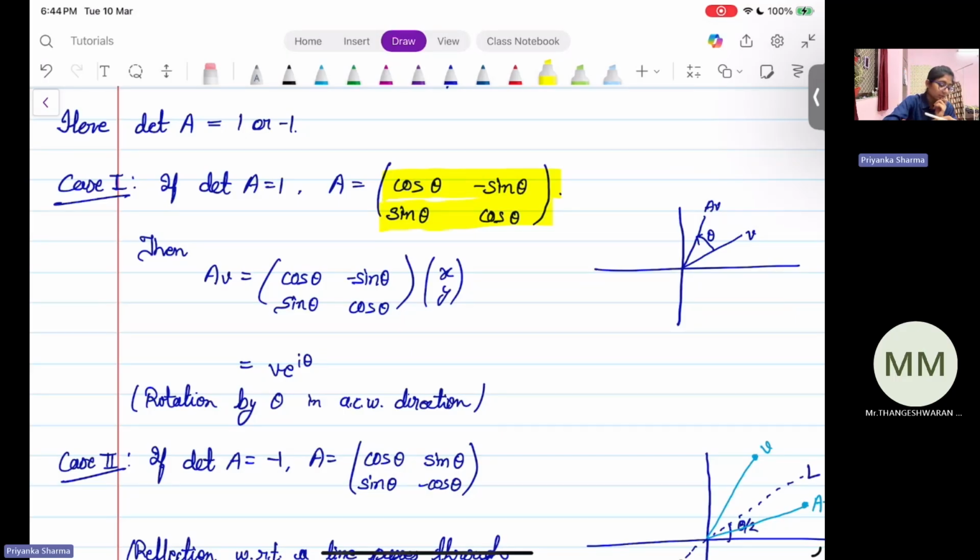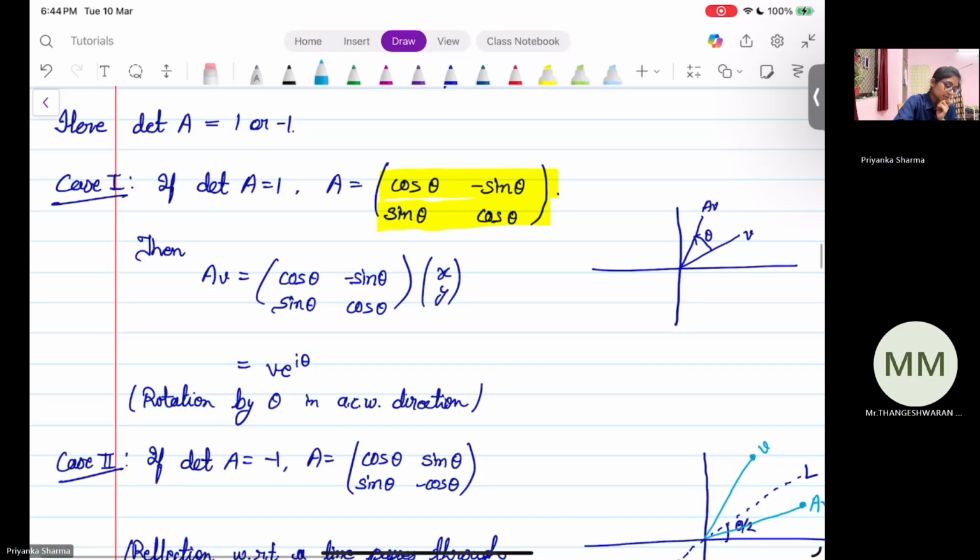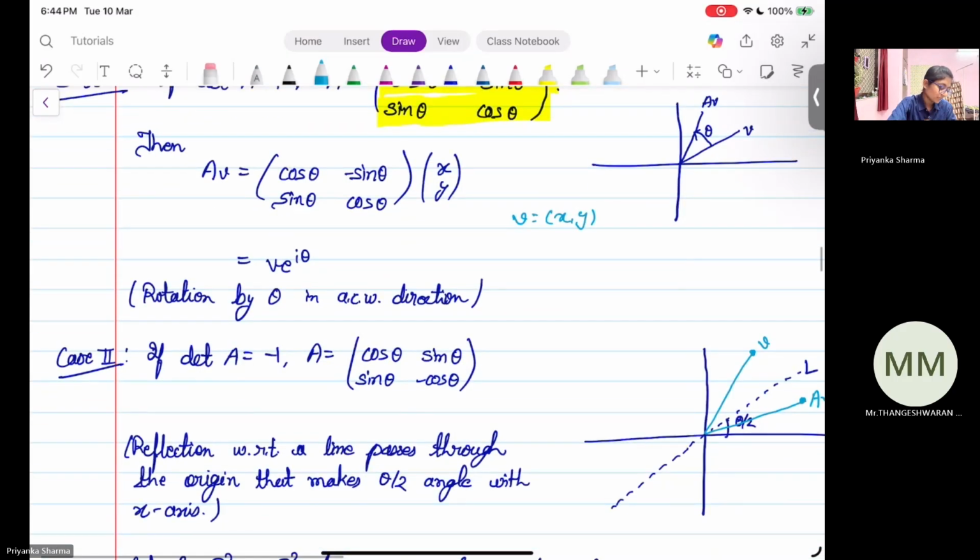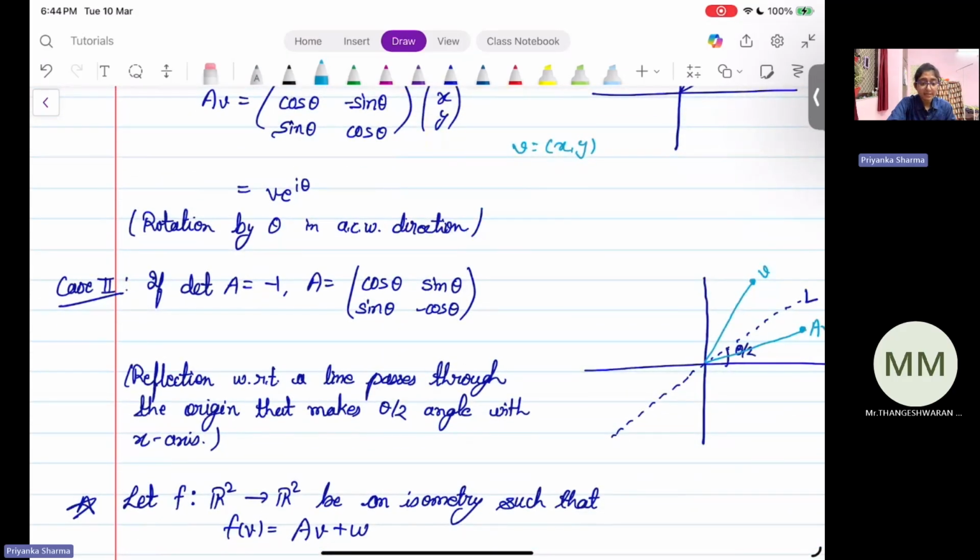Here v has these coordinates x and y. So if the determinant is 1, then the isometry is a rotation. And if the determinant is -1, then the isometry is a reflection, because in that case the matrix will have this form: cos theta, sin theta, sin theta, minus cos theta.